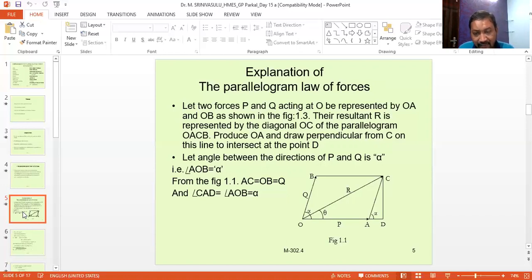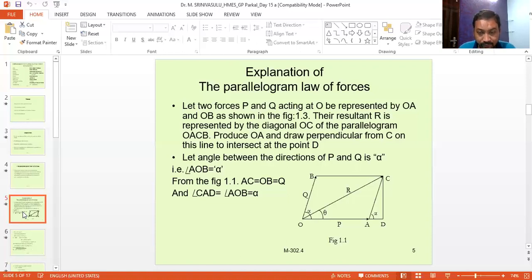Because the side OB and side AC are parallel, the angle CAD is also equal to angle AOB, so that is nothing but alpha. So the angle CAD and angle AOB both are same, and that is equal to alpha.